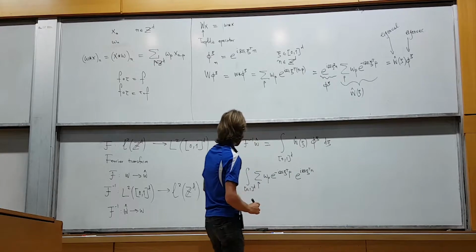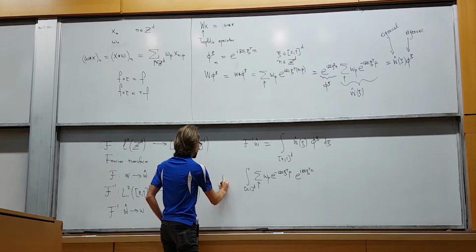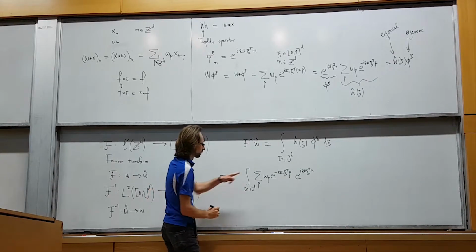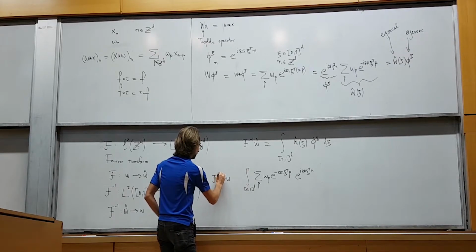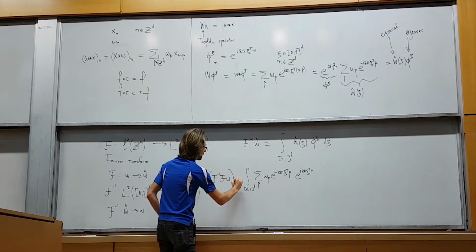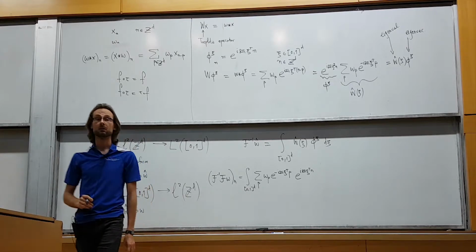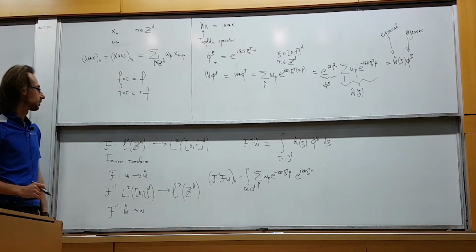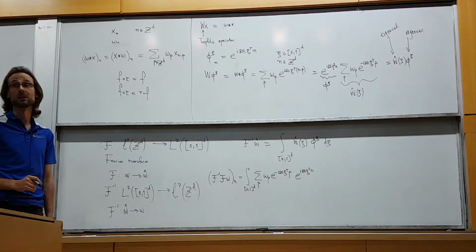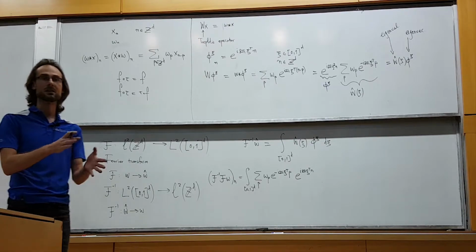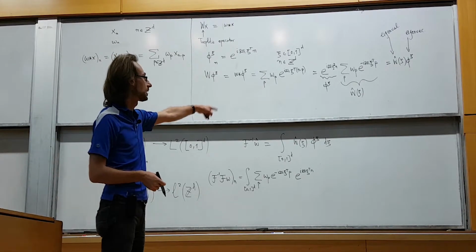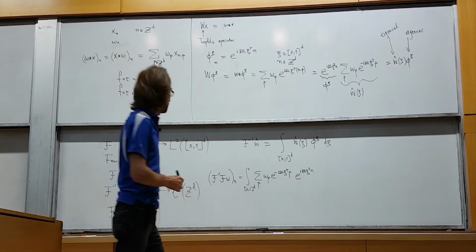Okay? And this will be basically F applied to w, then F inverse applied to it at point n. Okay, this is the value of this inverse. Okay, and I would like to show that this is exactly w. So this means that this definition actually inverts F.